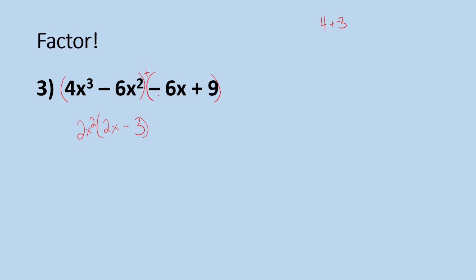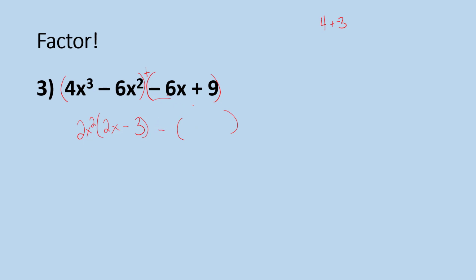Notice I have a negative 6 here. In order for this to be factorable, my two parentheses have to end up with the same value in it, which means I need to have a positive 2x as my first term in the parentheses. The only way to get a positive 2x if I have a negative 6x is to factor out a negative value. So I'm going to start there.